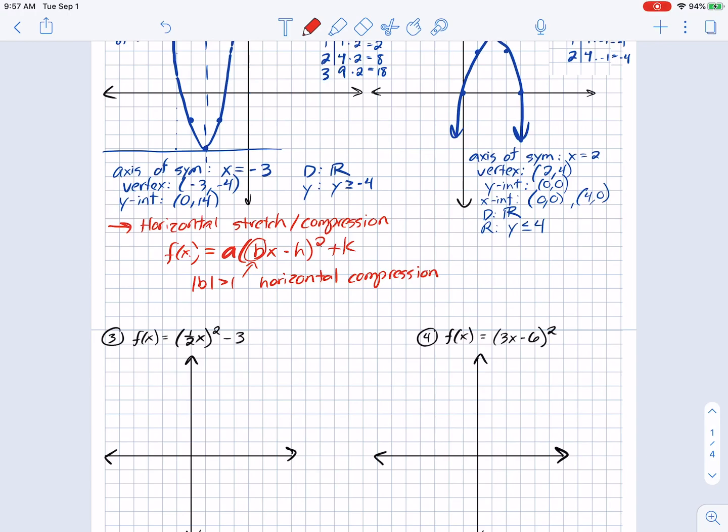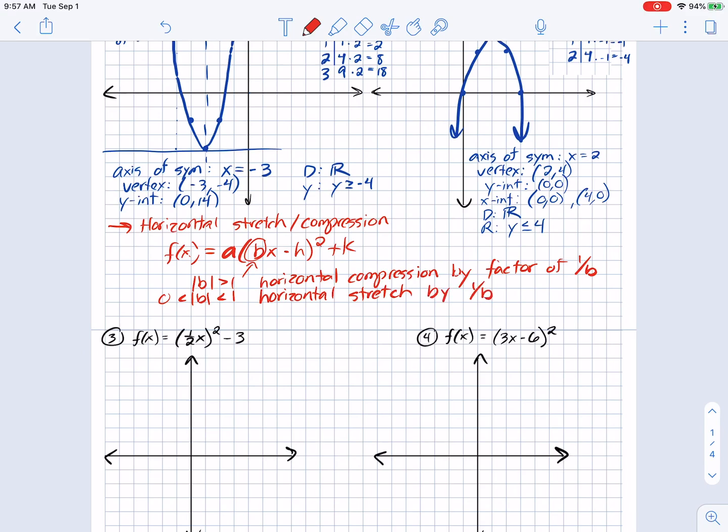It's going to squeeze together by a factor of the reciprocal, so 1 over b. If b is less than 1, but greater than 0, then this would be a horizontal stretch. It's going to open up wider. And we also say by the reciprocal.